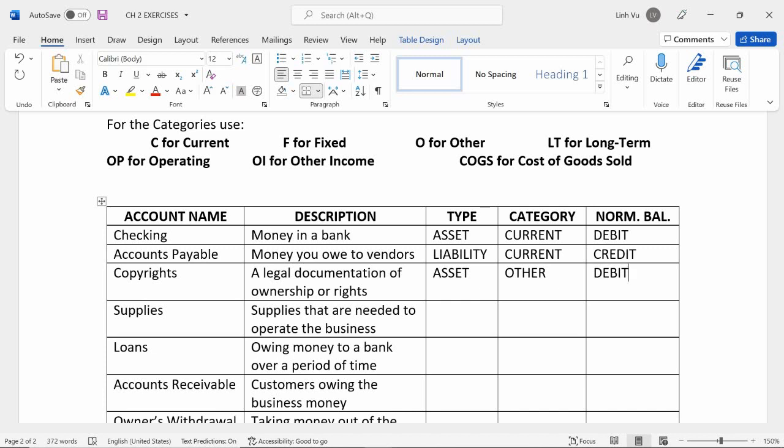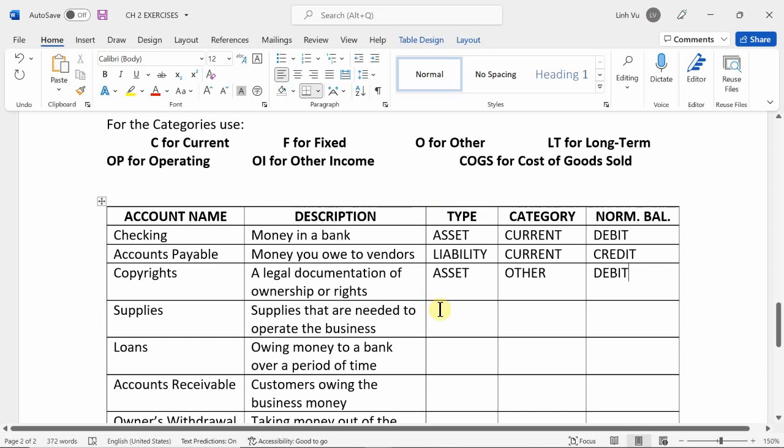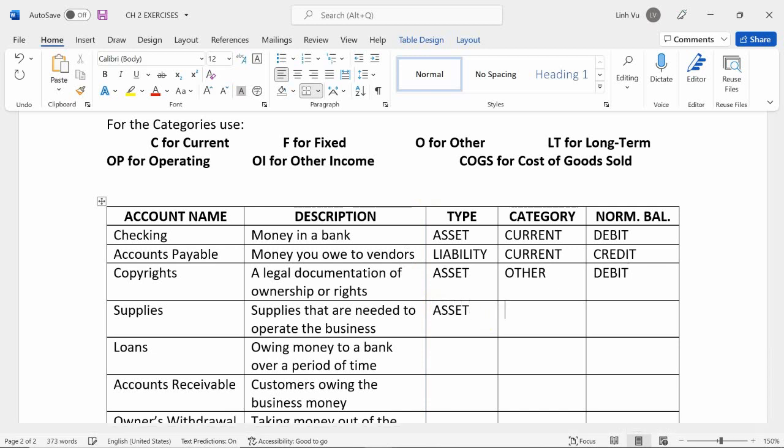Okay. So in this case, supplies. When you need to buy supplies that are needed to operate the business. Expense? It is non-expense. When you purchase supplies, what happens to those supplies? They're your supplies, aren't they? Assets. It is an asset. Okay. Now, what kind of asset would this be? Current.